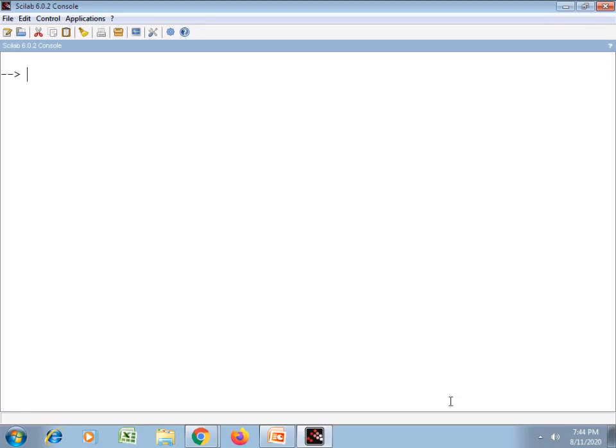To check, I use the command haveacompiler. So it returns true. That means it is linked. Now to launch Xcos, I click this icon.